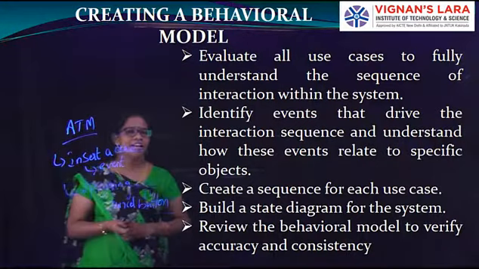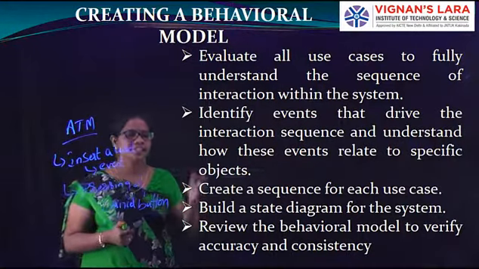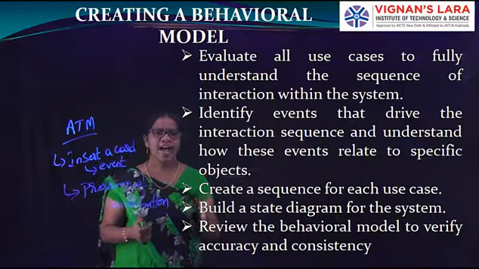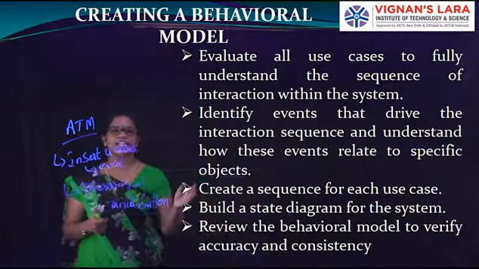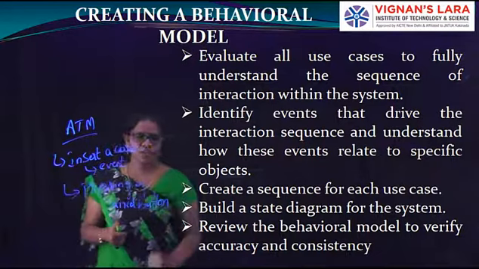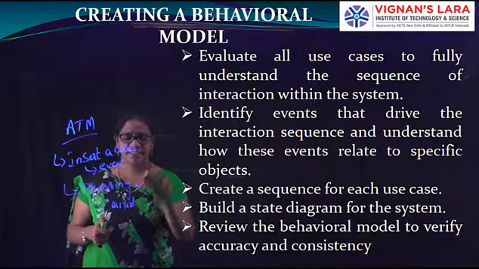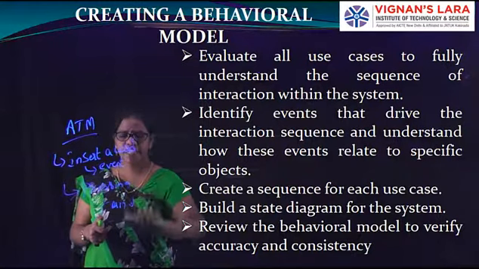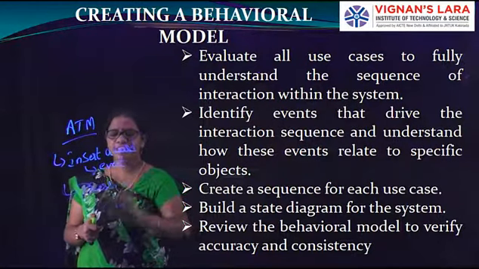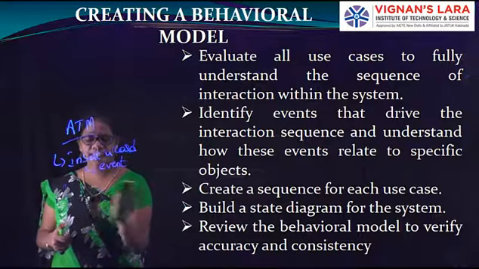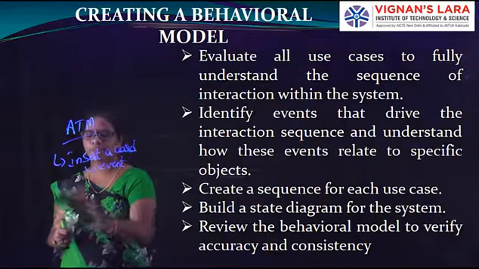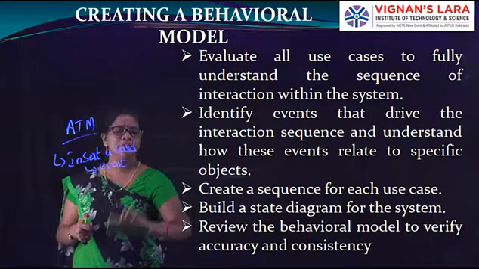Okay. So identify the events that drive the interaction sequence and understand how these events relate to the specific objects. When you click on the cancel button, how will it act? What interaction will happen? Whatever transaction you are performing will be cancelled, so the transaction will not be performed.